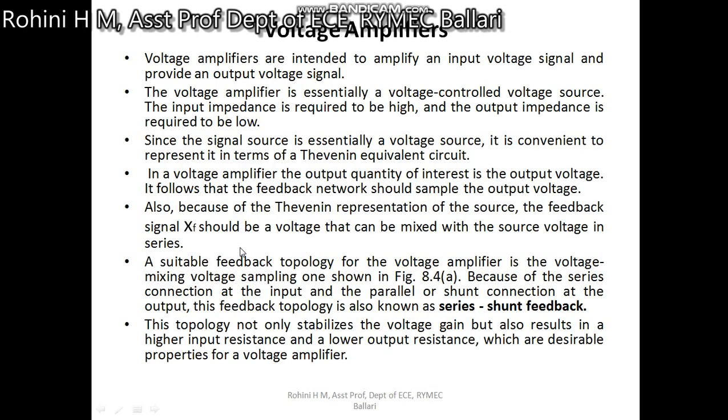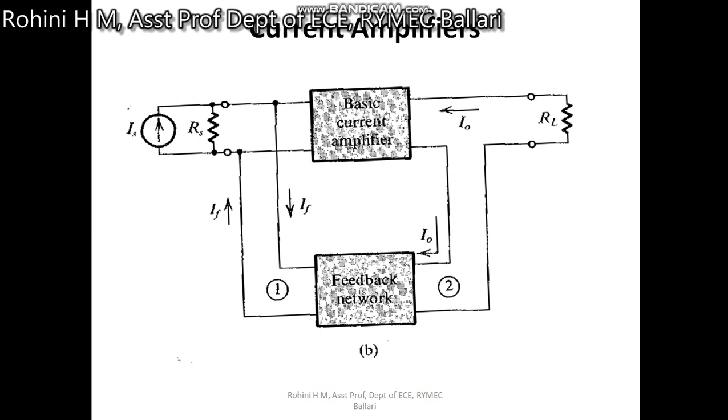Next is the current amplifier. Here you can see that the input is also current, the source side is the current IS. The output side also we are drawing current only. So input is current, output is current, so it is called a current amplifier.